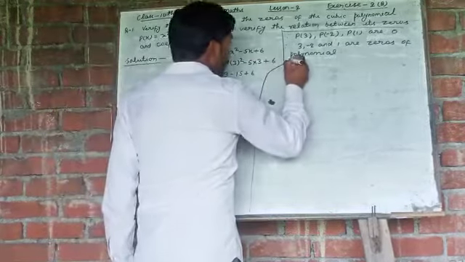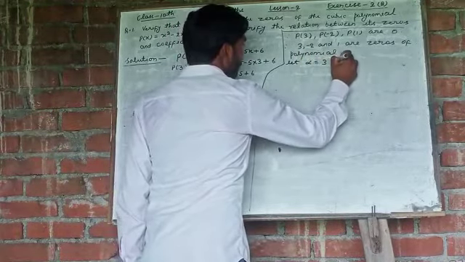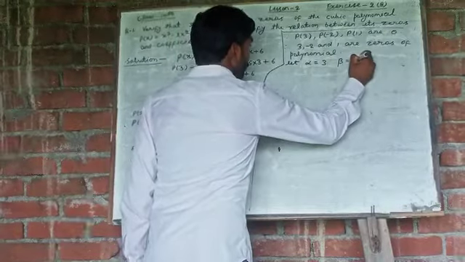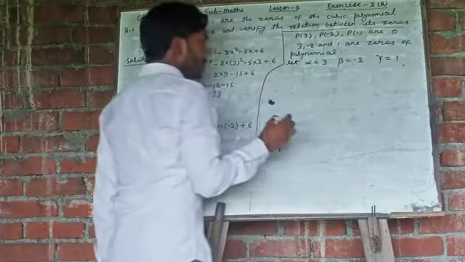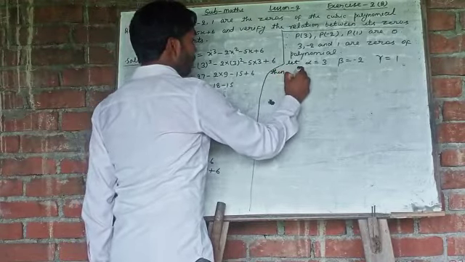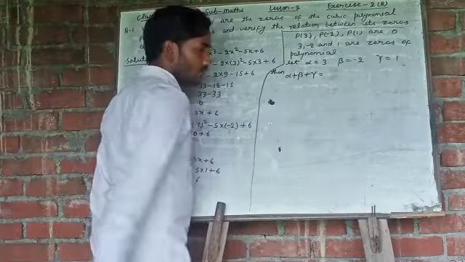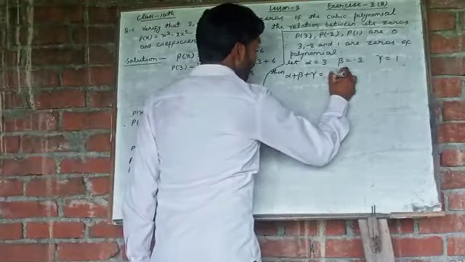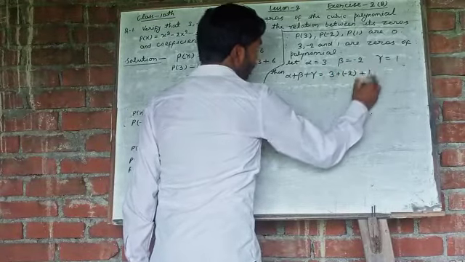So let alpha = 3, beta = -2 and gamma = 1. Then alpha + beta + gamma = 3 + (-2) + 1.